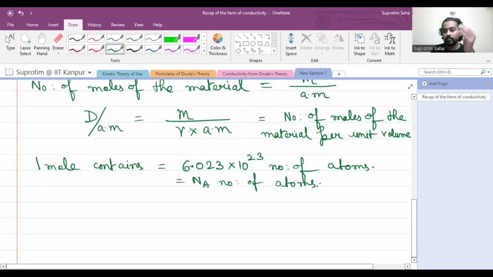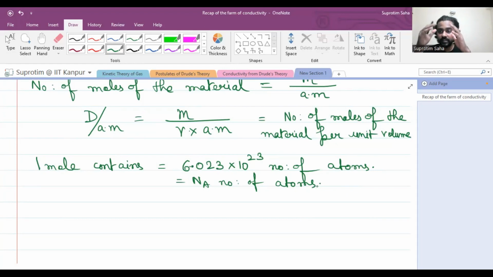Now for copper, with its outermost shell, which is 4s, it contributes only 1 electron. So the outermost valence shell, 4s subshell, contributes only 1 electron for each atom.